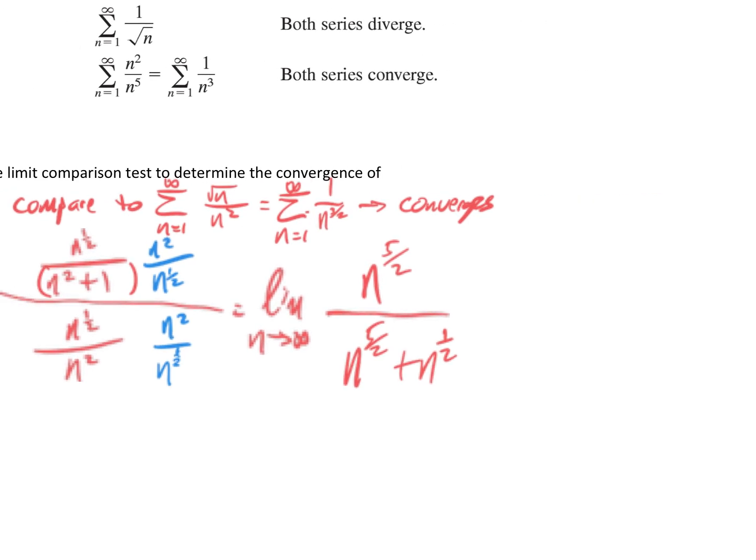Okay, and since we're going to infinity, the smaller degree doesn't matter. We have the same degree top and bottom, and so this is going to go to the ratio of their coefficients, which is 1. Whenever we have the same degree on top and bottom, the ratio of their coefficients is our limit, and this is finite and positive.